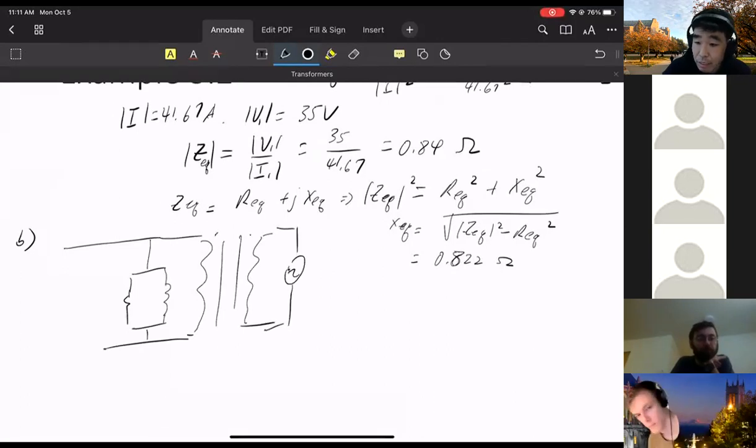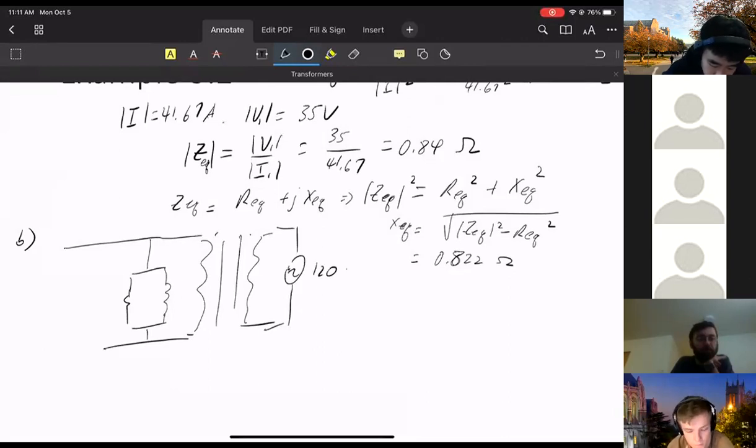This is 120 volts. If I reflect this to this side, I get 480 volts. Once I have 480 volts at this side, I can do the rest of the calculation. So this is GC, this is BM.